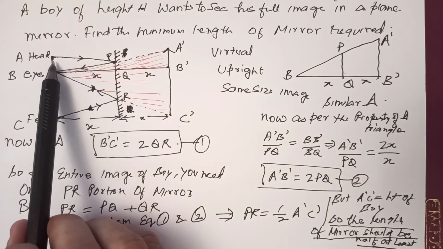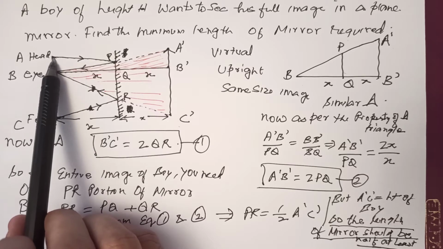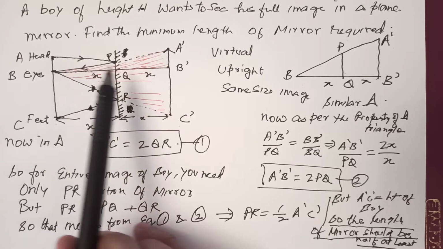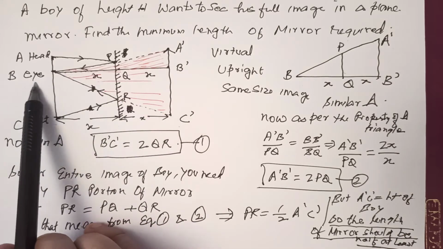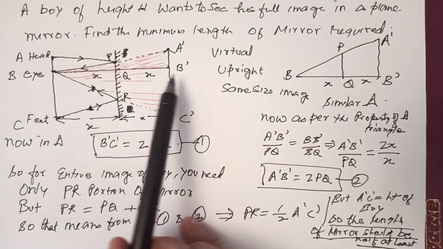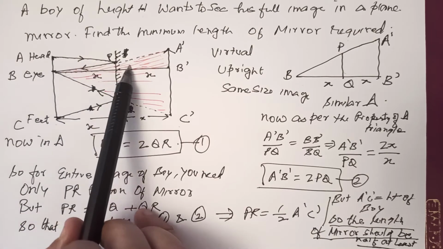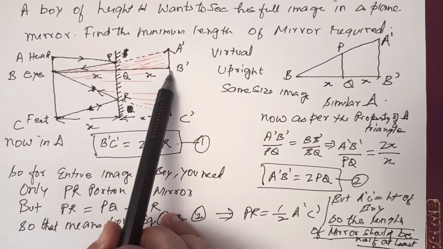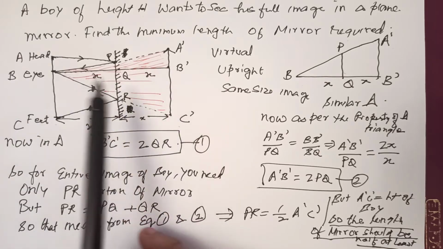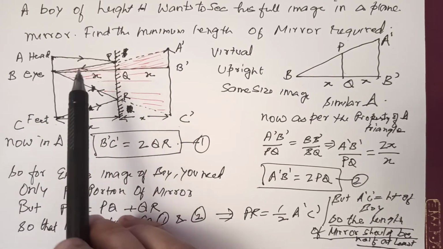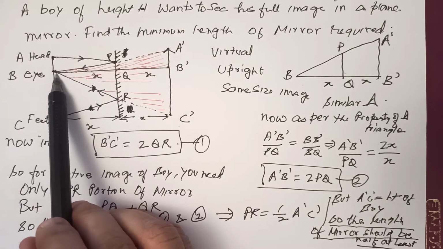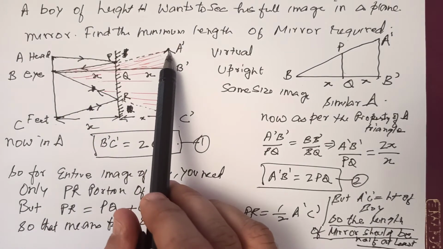So I am first trying to attach the head with the image eye. Let's say the eye is B, then the image is B dash. I am trying to connect. Okay, very good. Or you can say the other way around. Here is the eye, and this is the head of the boy.